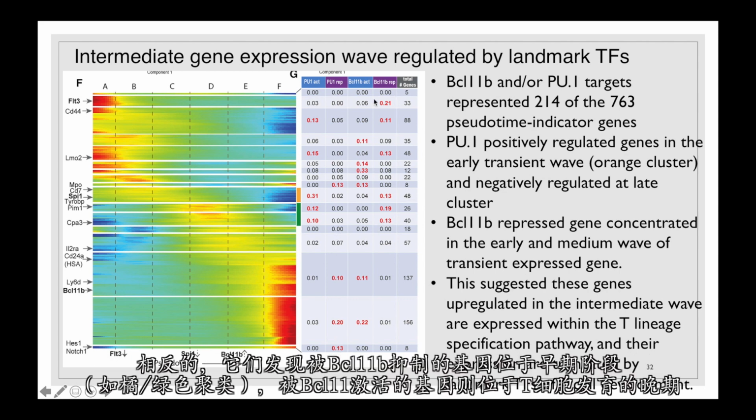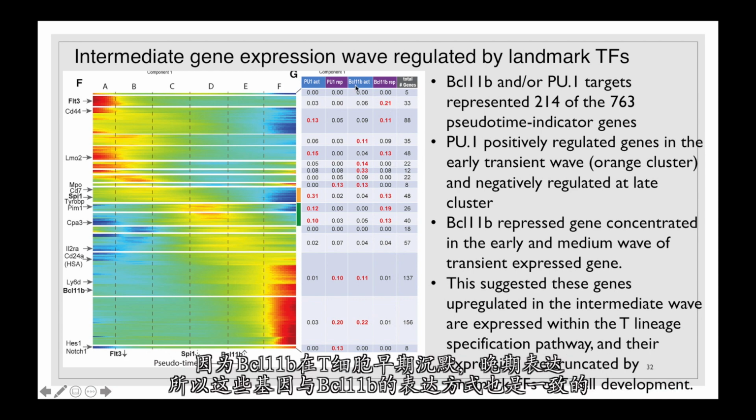Reversely, they find a lot of genes are repressed by BCL11B at the early stage, such as the orange and the green, and are activated at the late stage, such as here. BCL11B is expressed later in T cell development, so the activation and repression of these genes are also consistent with the expression pattern of BCL11B.